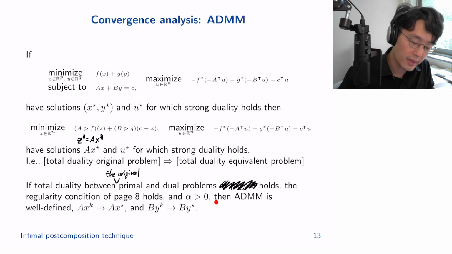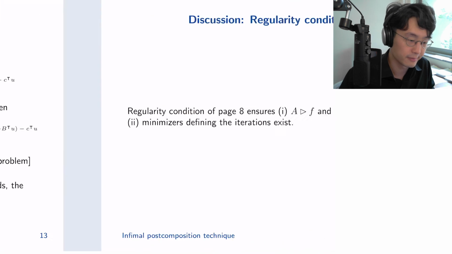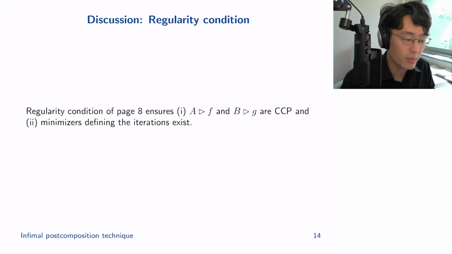Now here, I said that ADMM is well-defined under these assumptions. More specifically, ADMM is well-defined as a consequence of the regularity conditions discussed previously. Now, let me clarify what that means. When we introduced the ADMM problem setup, we assumed certain regularity conditions regarding the range of A transpose, the range of B transpose, and then intersecting that with the relative interior of the domain of F star and G star.